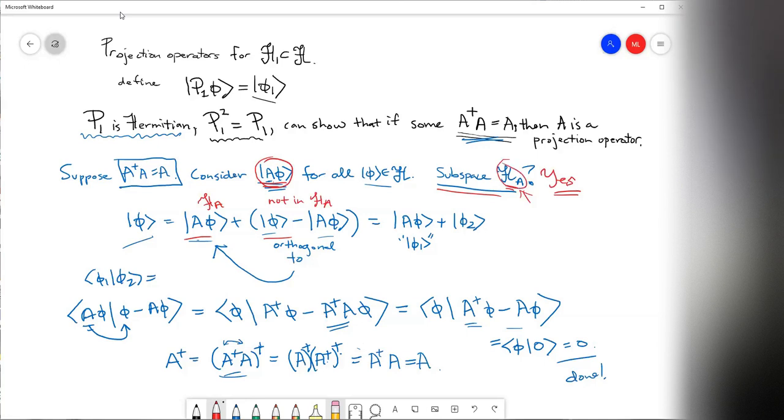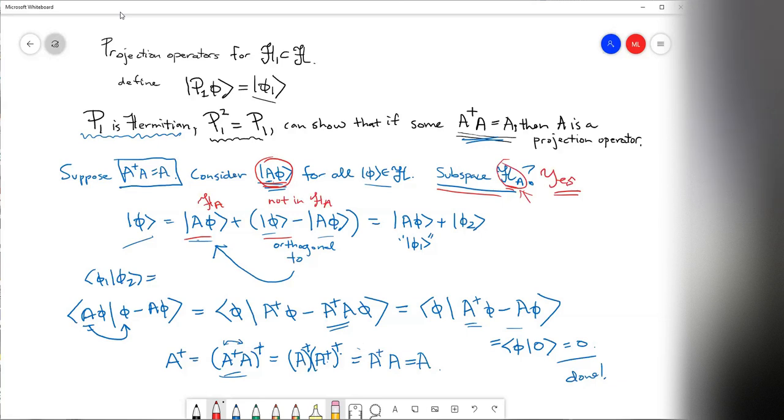You combine the linearity of the operator with the linearity of the Hilbert space, and you can just prove that it's a subspace. Here we just showed that the decomposition gives you two orthogonal vectors. So any questions about that?